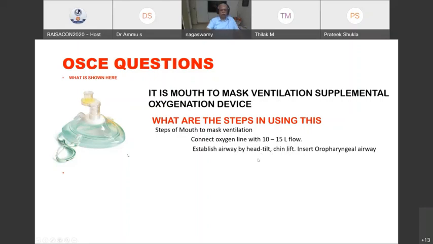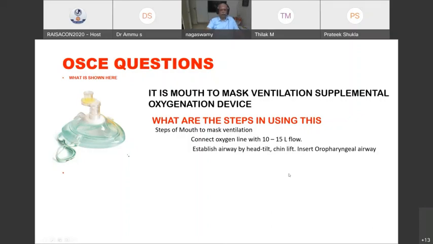But what is the precaution you should take when you do the head tilt? In an unconscious, apneic patient, when you do the head tilt to clear the airway or establish a good oropharyngeal airway, what should you take care of? Sir, known cervical spine injury. Cervical spine injury, excellent.